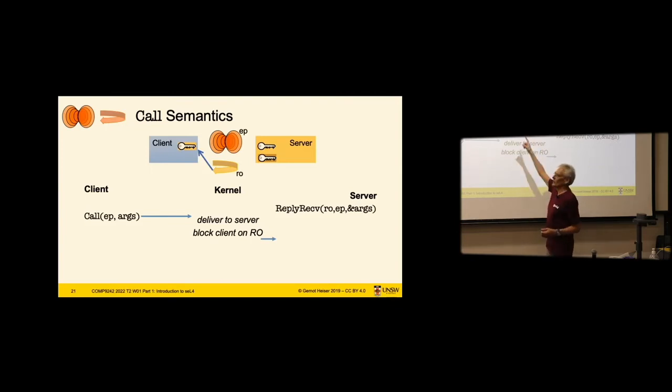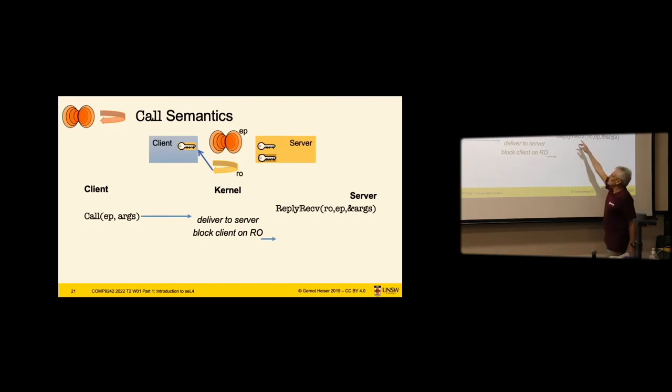All it knows is it performed this call operation on the endpoint. But the reply object was provided by the server, and the kernel now blocks the client on the reply object. So the reply object is also an endpoint, if you like, but with a few special properties. So it's different from a normal endpoint.